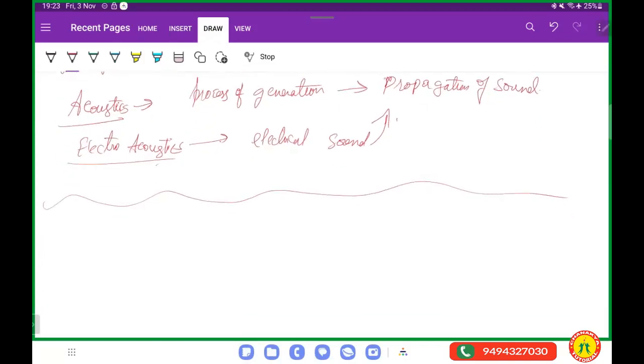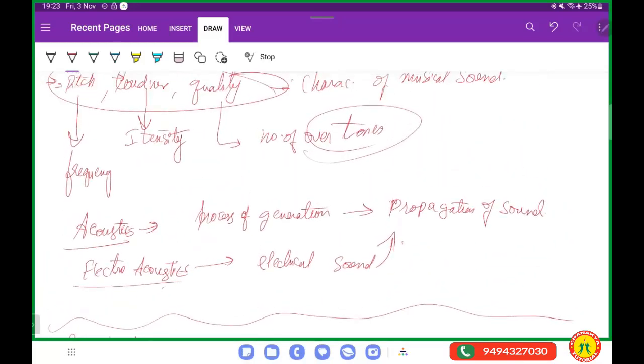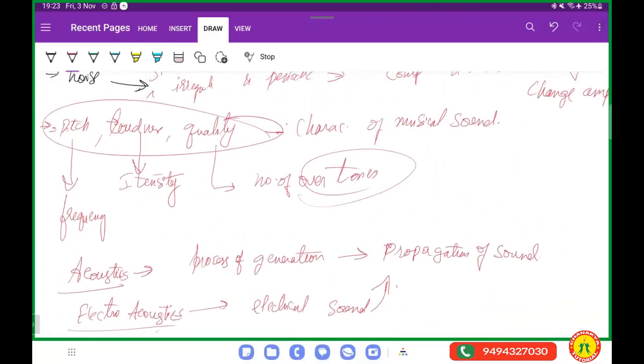So here comes a small topic, that is reverberation. You write this one, then we can go for it.